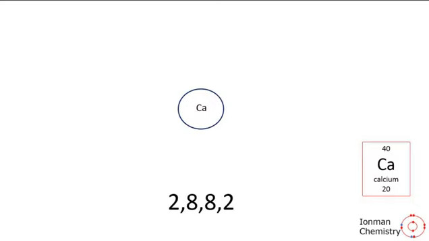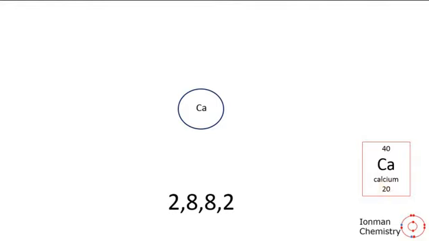The second energy level can take 8 electrons, and so can the third energy level take 8 electrons. And the fourth energy level can take 2 and even more electrons than that. But in GCSE, you would never be expected to talk about the electronic structure of an element that has more than 20 electrons. So let's have a look at calcium.